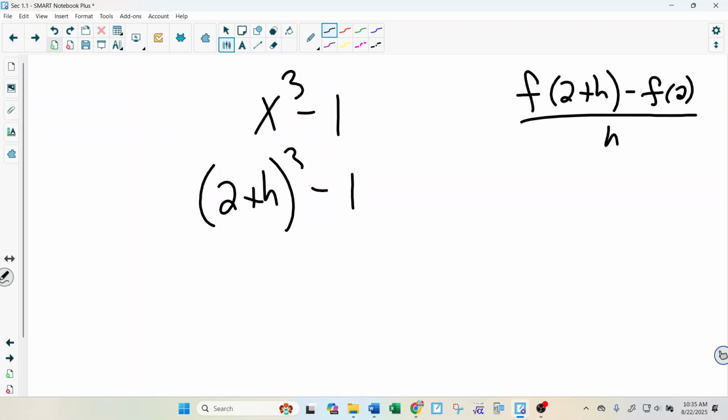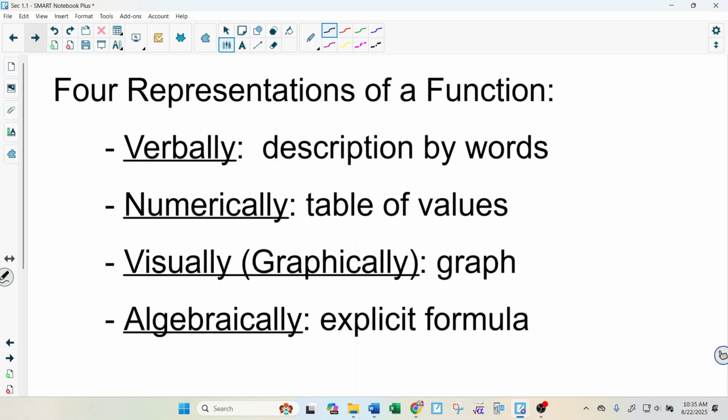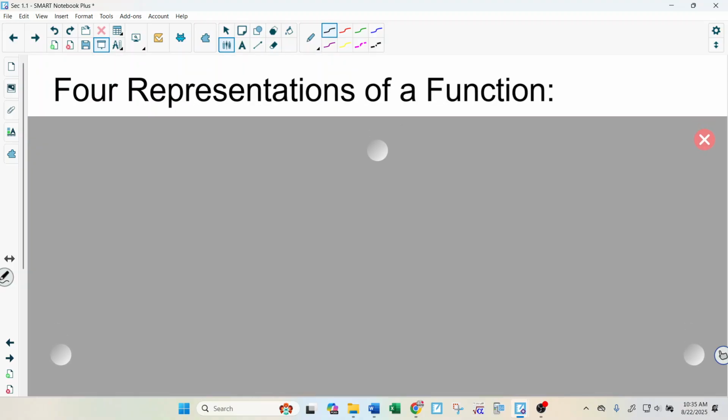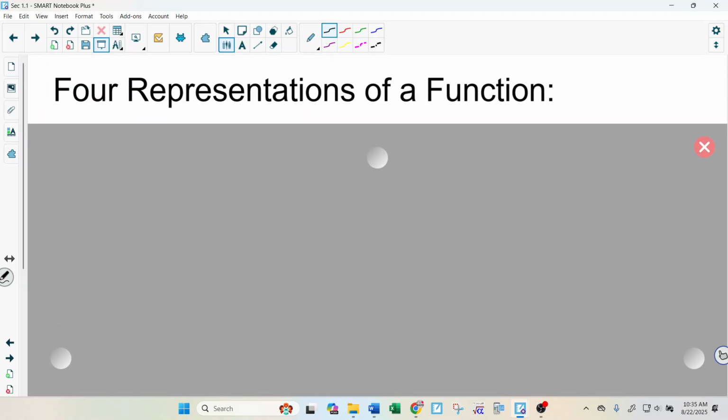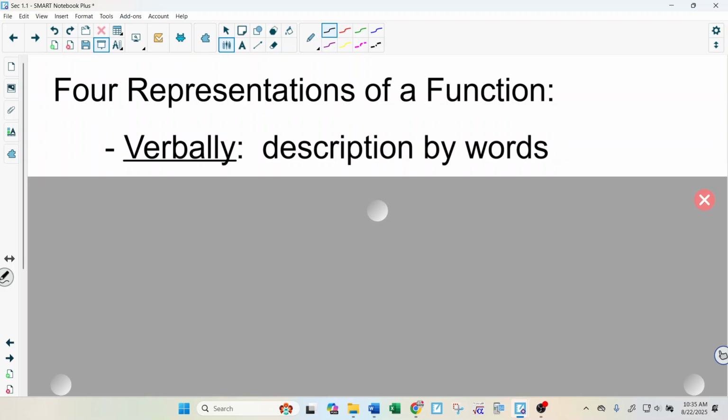All right, last thing I want to do here today is talk about the 4 representations of a function, and then we'll stop there. So our 4 ways of representing a function. The first one is verbally, and that is just a description in words.